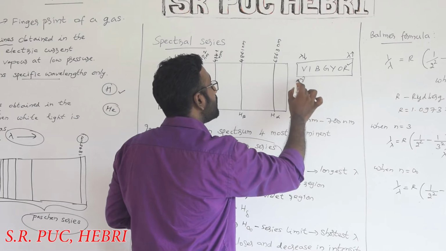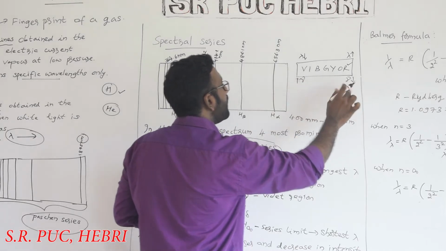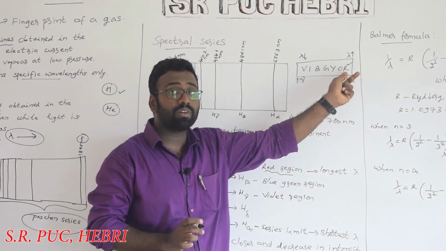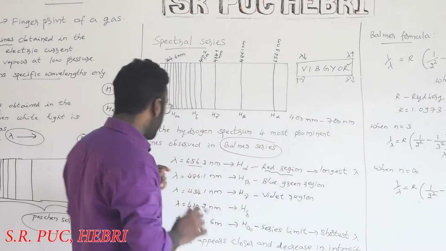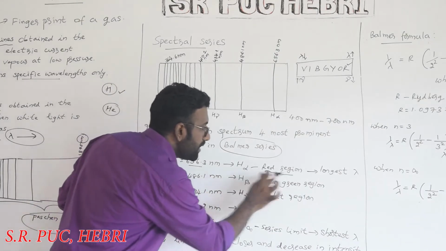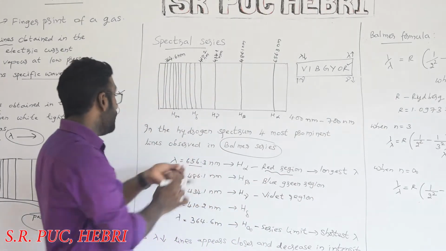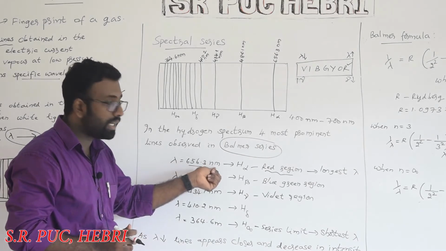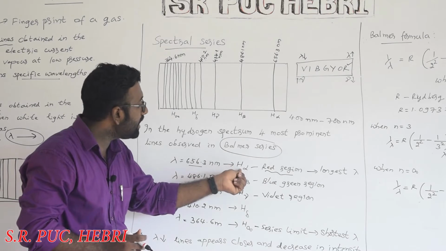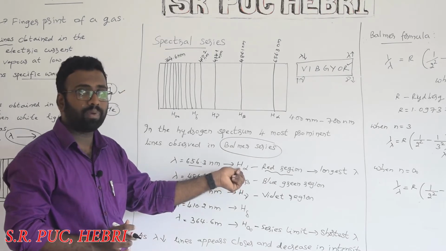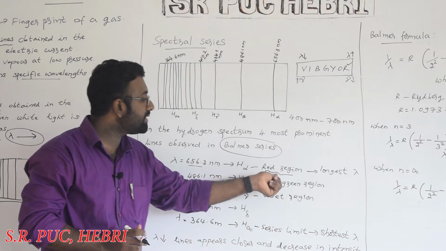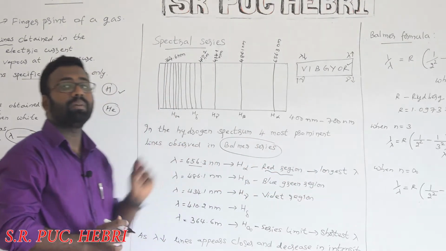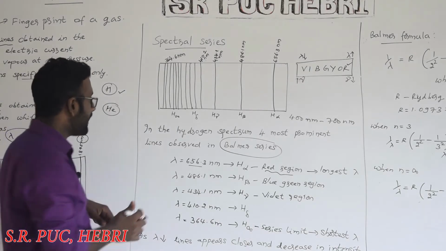Nu is greater over here and lesser over here. It is in increasing order of wavelength, so red has the longest wavelength. The lambda of 656.3 nanometer in the Balmer series is named H alpha. It is in the red region and has the longest wavelength in the Balmer series.